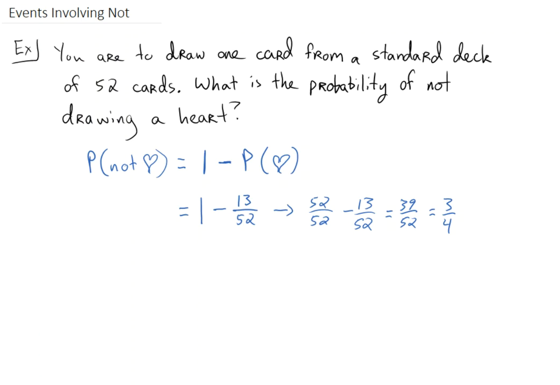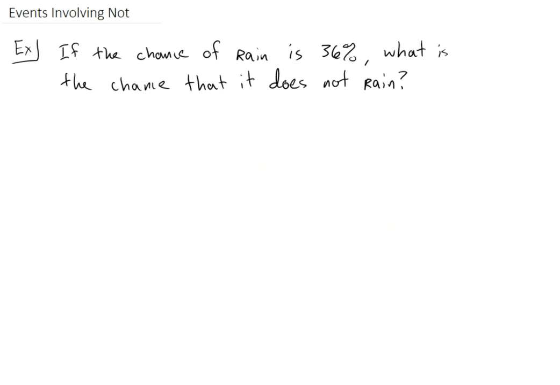Again, I hope this next example will be pretty logical to you so you get the idea of complements, but it's the kind of case where you know one thing and use it to determine the other. If the chance of rain is 36%, what is the chance that it does not rain?